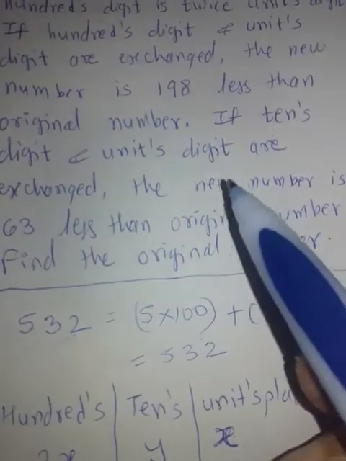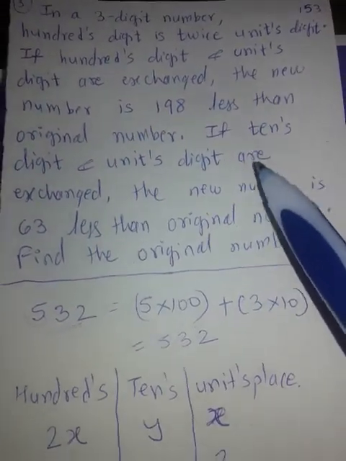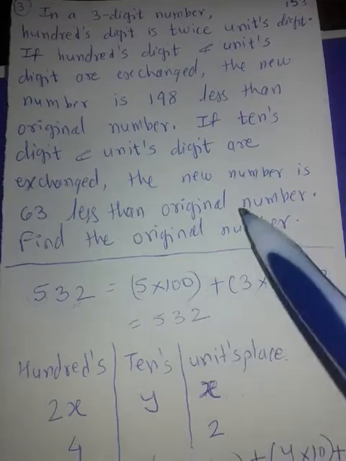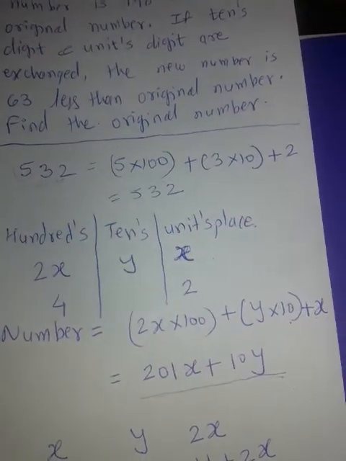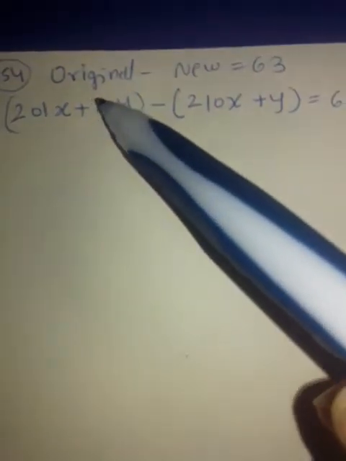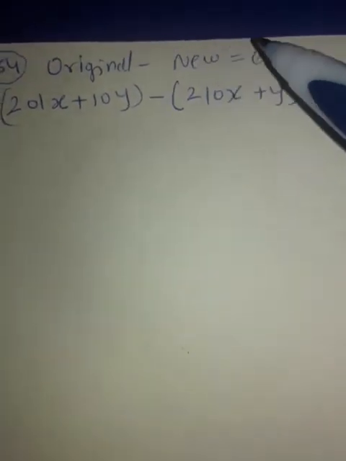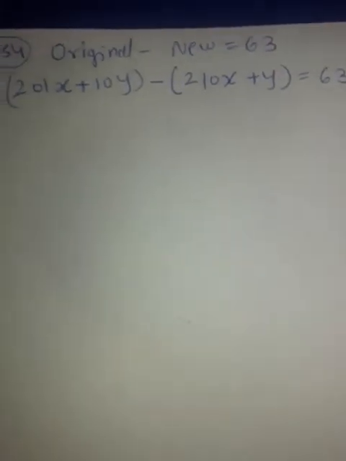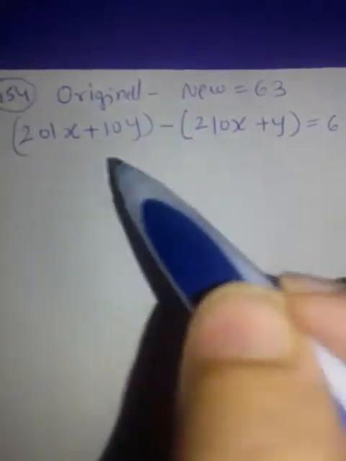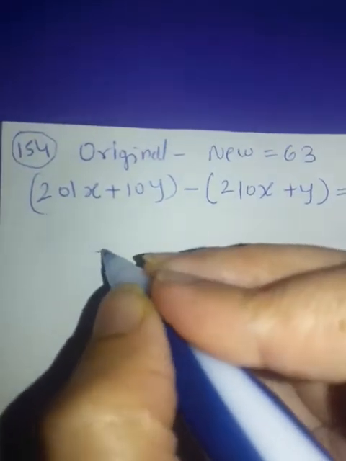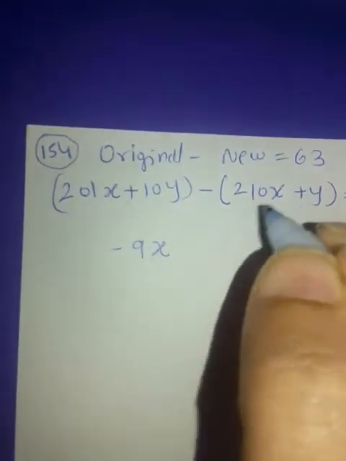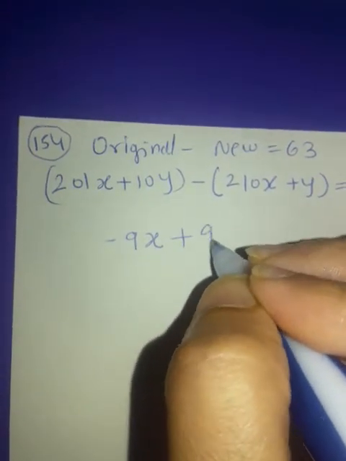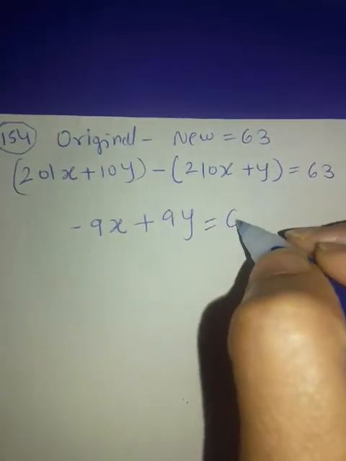And what is the relation? The new number formed is 63 less than original. Now we have this relation, original minus new is 63. Original we already have, new we just formed, it is 63. So solve this, open the bracket, 201 minus 210, this will be minus 9x. 10y minus y is plus 9y is equal to 63.